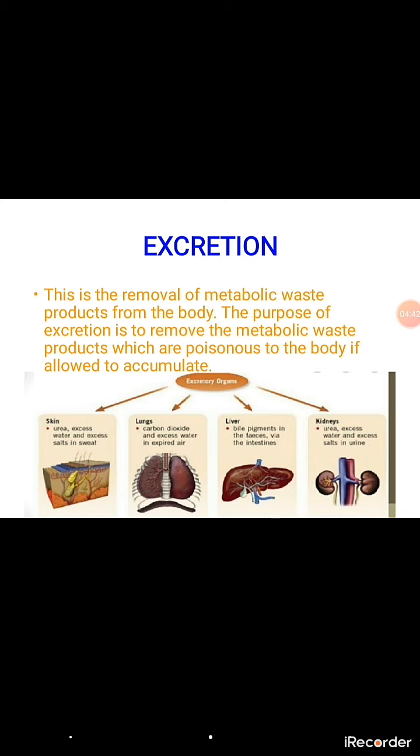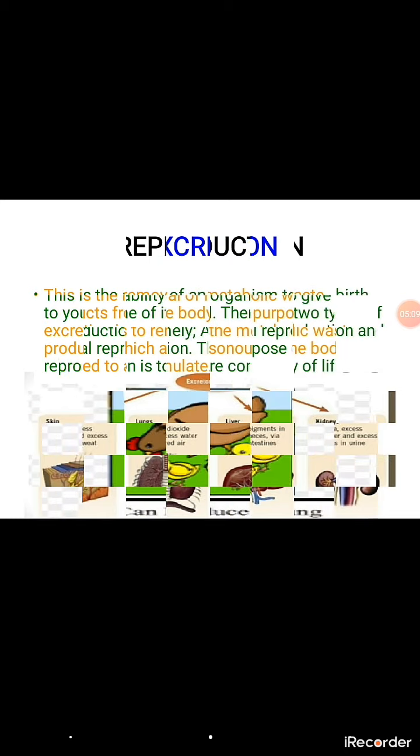Excretion means removal of metabolic waste products from the body, and the purpose of excretion is to remove the metabolic waste products which are poisonous to the body. Such metabolic waste products include carbon dioxide, urea, sweat, bile. All these need to be removed so that they will not damage or have any poisonous effects on the body.